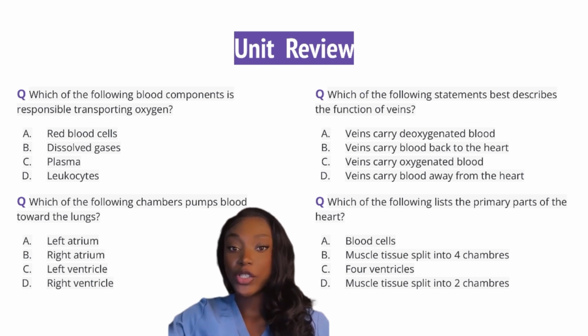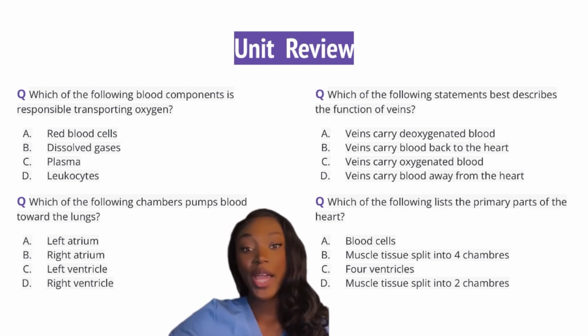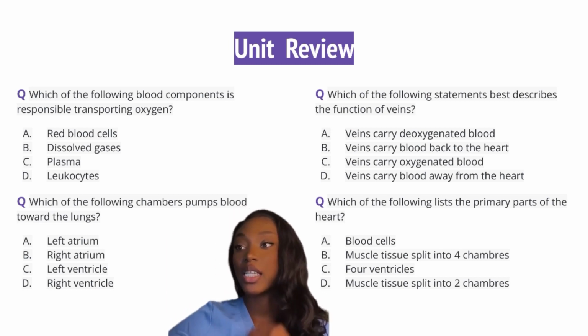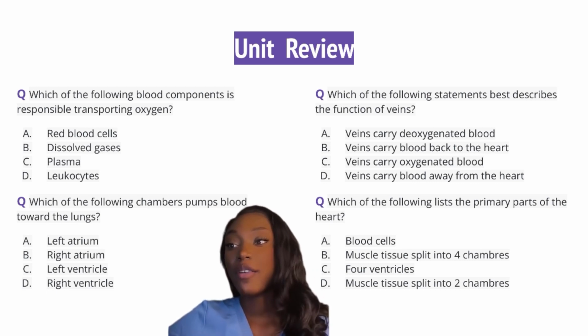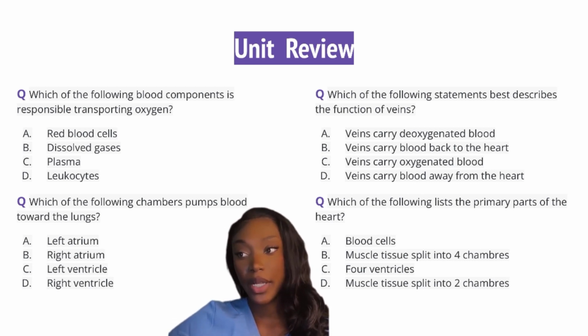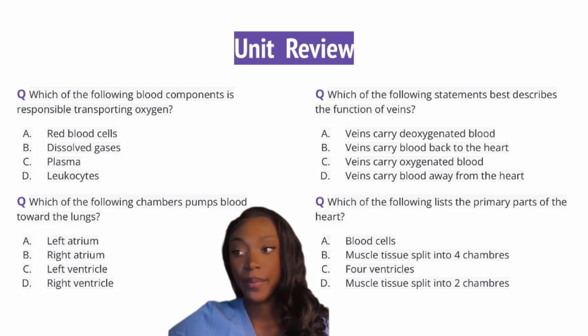The first question we have here, which I think is fairly easy, it says, which of the following blood components is responsible for transporting oxygen? A, red blood cells, B, dissolved gases, C, plasma, D, leukocytes.